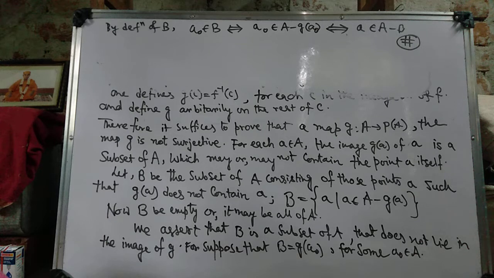B may be empty or all of A. We assert that B does not lie in the image of g. Suppose B equals g(a0) for some a0 in A. Then by definition, a0 belongs to B implies a0 does not belong to g(a0) equals B, and vice versa. This is a contradiction. So the map g from A to the power set of A is not surjective.